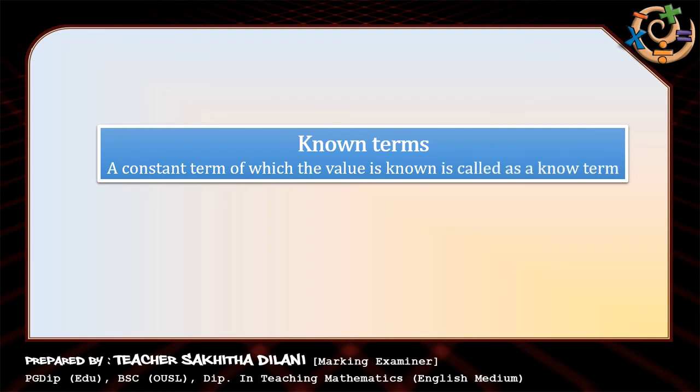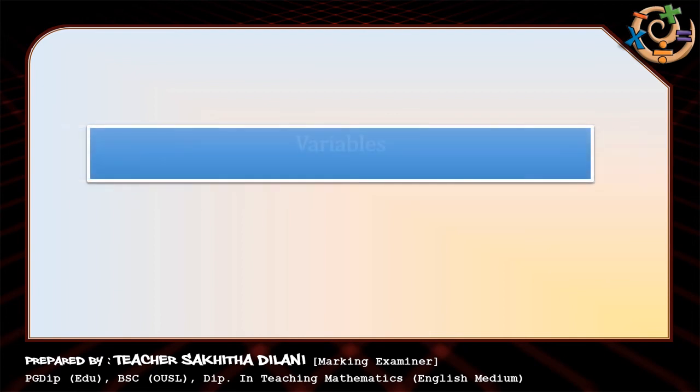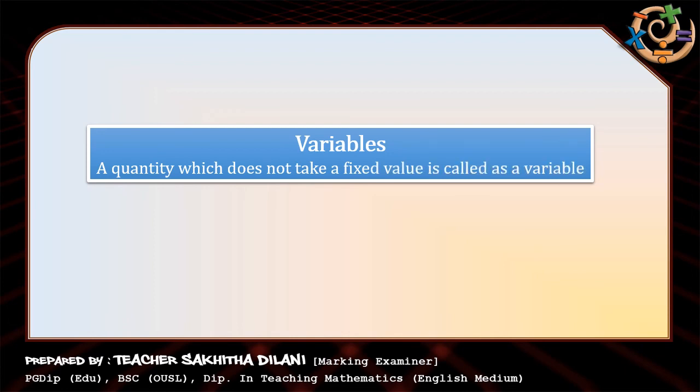And also, we learned what unknown terms are. A constant term of which the value is not known is called an unknown term. Finally, we learned what variables are. A quantity which does not take a fixed value is called a variable.